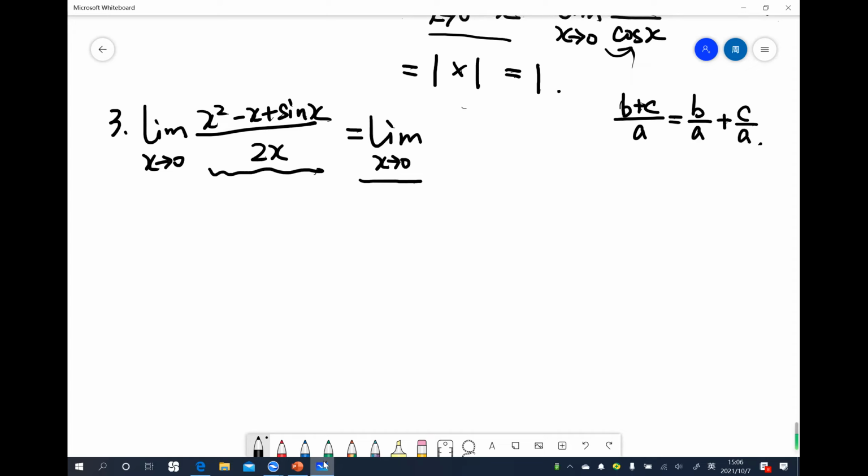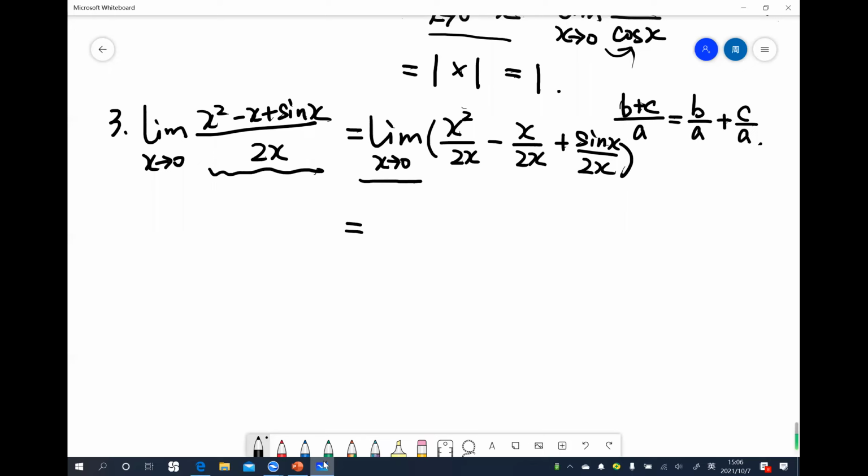So here we can rewrite the function as 3 parts. The first part, that is x squared by 2x, minus x by 2x and plus sine x by 2x.